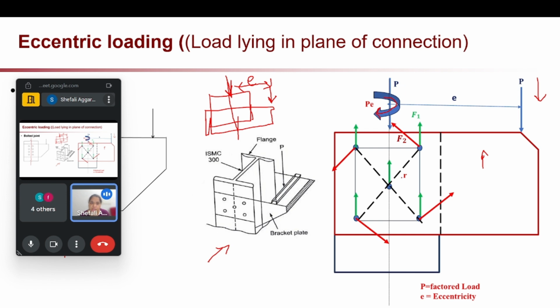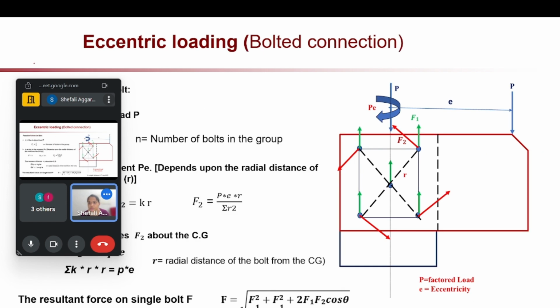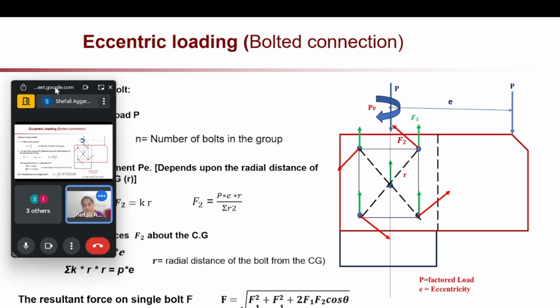To counteract this moment, another force will be acting, let us say F2. This force will be at a 90-degree angle to our radial distance. Right. So these two types of forces are clear. We will see how we calculate these forces.